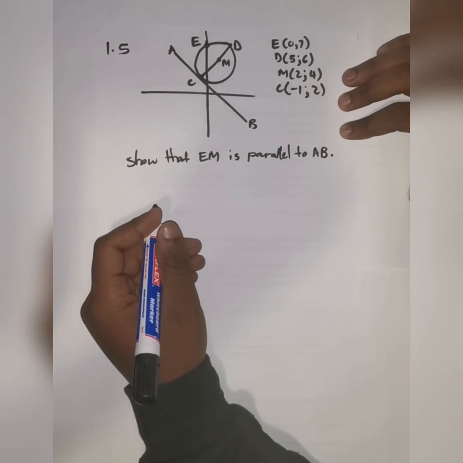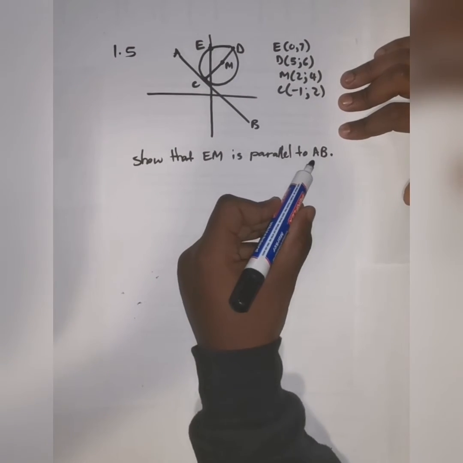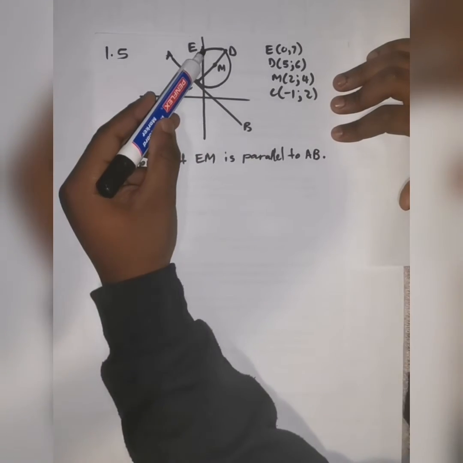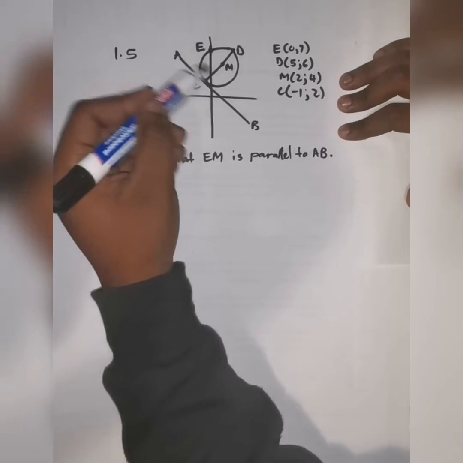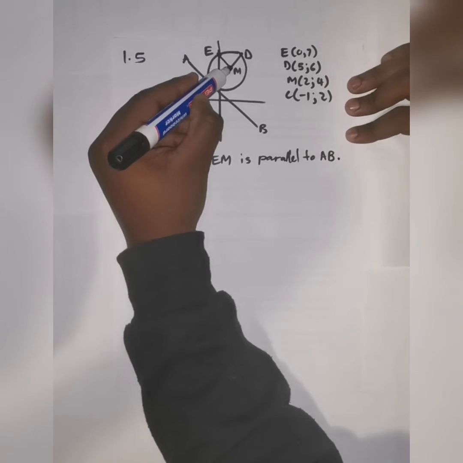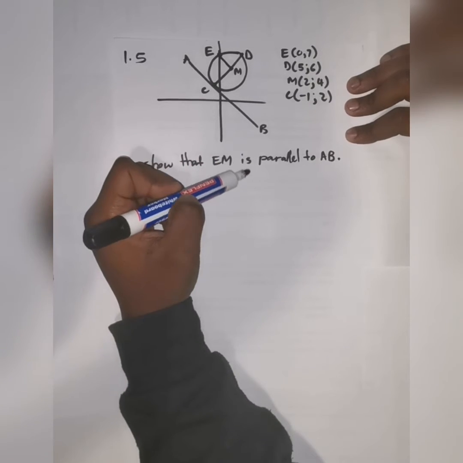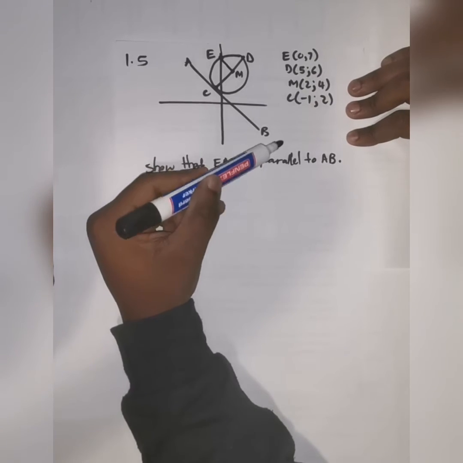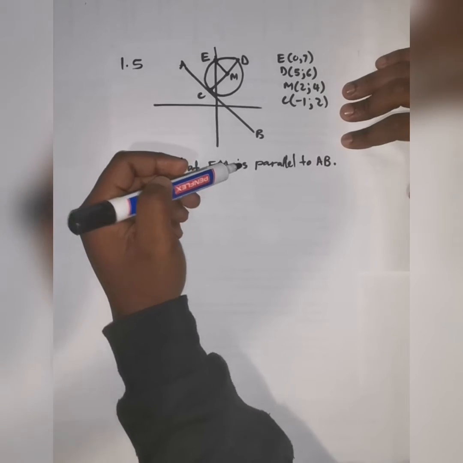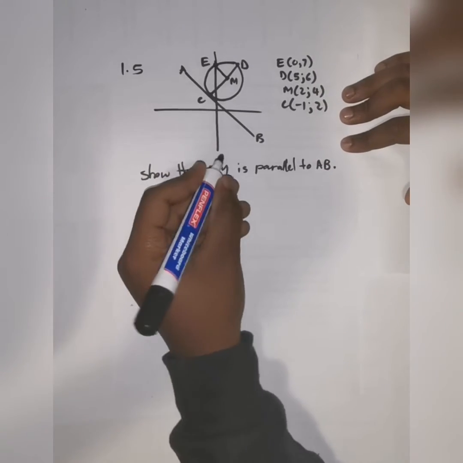For our fifth question, we are asked to show that EM is parallel to AB. Let me make a construction and just put it like this: EM. We need to show that EM is parallel to AB. To show that two lines are parallel, they need to have the same gradient.